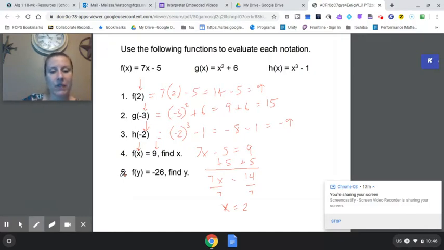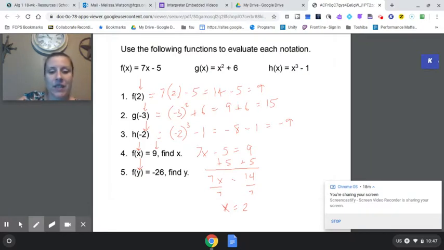Taking a look at number 5, f of some number is equal to -26. They're asking us to find y. Again, we do not know the input of the function, so we do not know what value is being substituted in for x. But we know the output is -26.